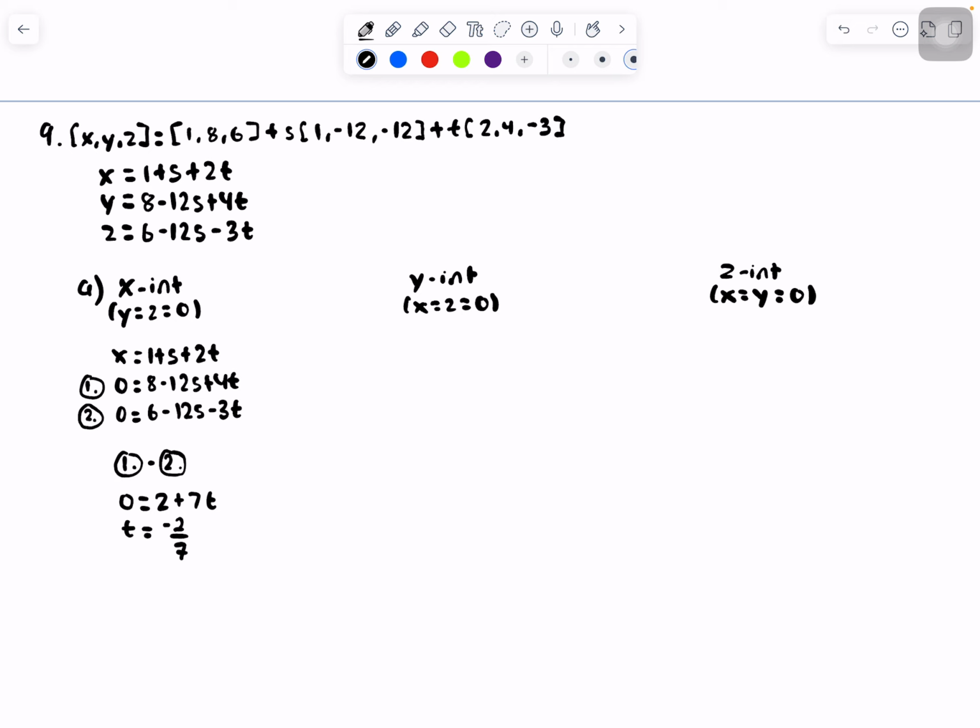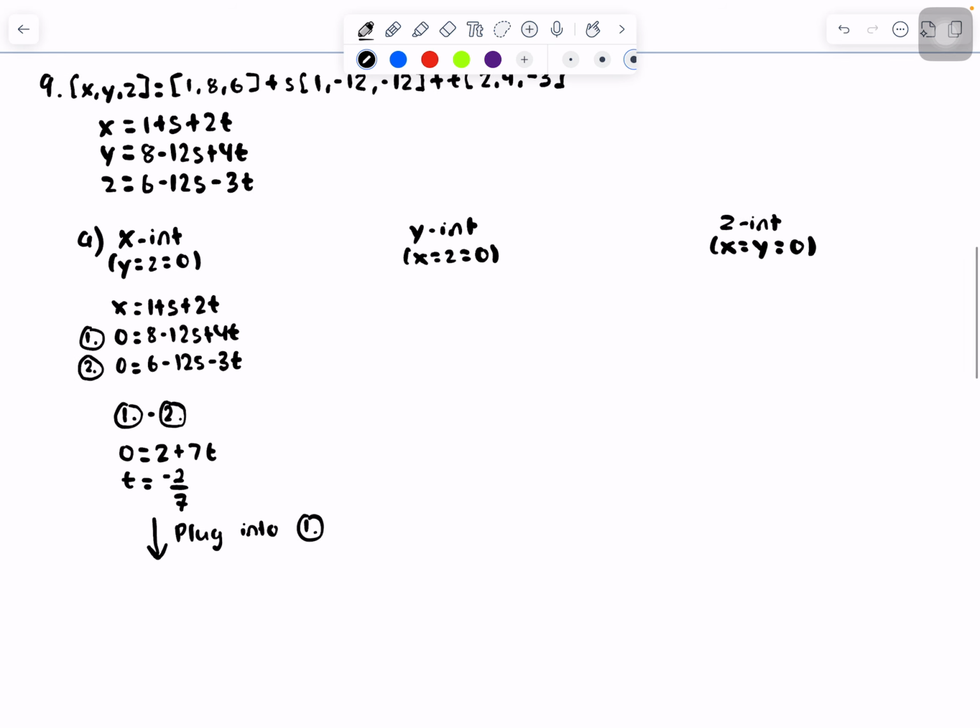Okay? And then we'll plug this into either 1 or 2. I'm choosing at random, plug into 1. So we get 0 equals 8 minus 12s plus 4 times negative 2 over 7.